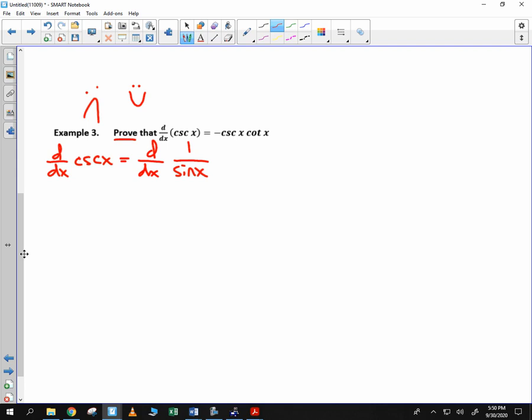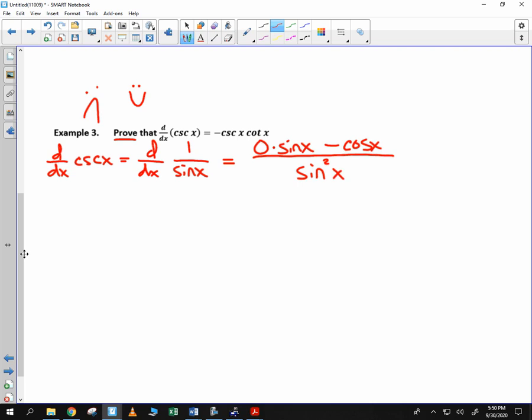So I'm going to use the fact that I know the derivative of sine to carry this out. And I'm going to use the quotient rule. And the quotient rule says the derivative of the top is 0, times the bottom, minus the derivative of the bottom times the top, all divided by the bottom squared.